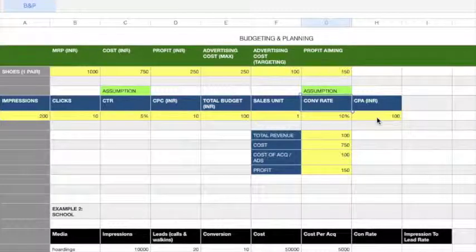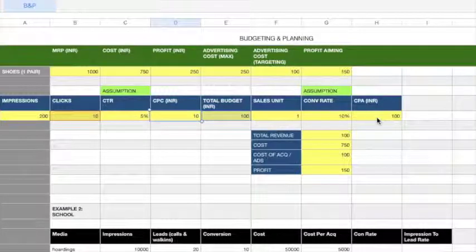However, if we have done an advertising activity earlier, then we can learn from that experience and put our last conversion rate and last achieved CTRs here to see what kind of monies we're going to spend and so on, right? But since here we don't have a precedence, we are assuming it as per what we think is fair. Okay. The reality might be different, but that's fine.